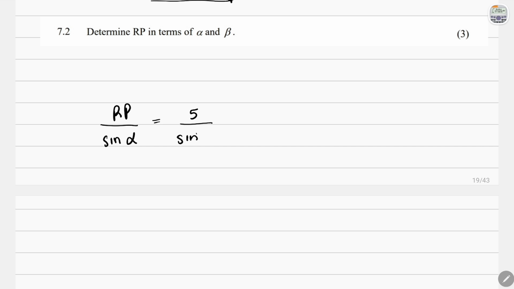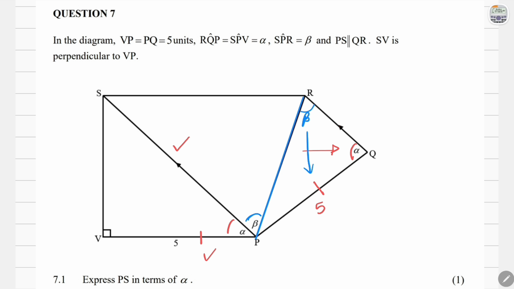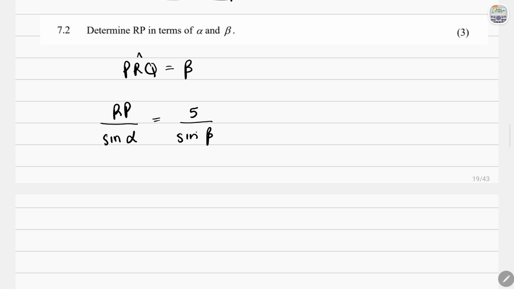We don't really need reasons here because this is not Euclid. So angle PRQ is equal to beta. And so that's why we're able to say 5 over sine of the angle opposite it, which is beta, so sine beta. And all you're doing is making RP the subject.